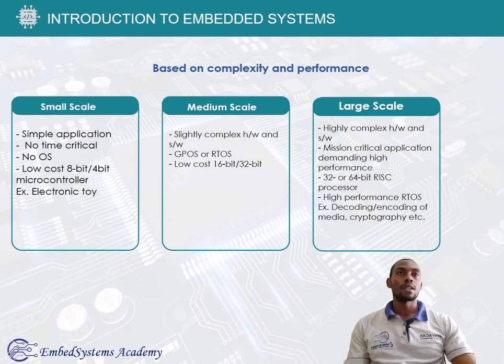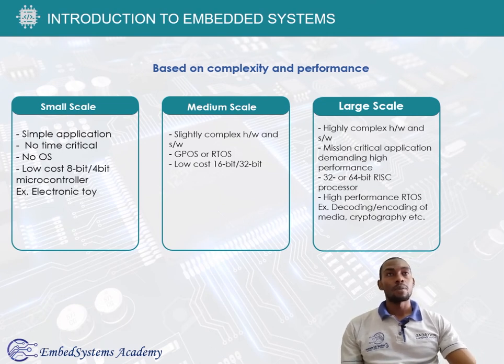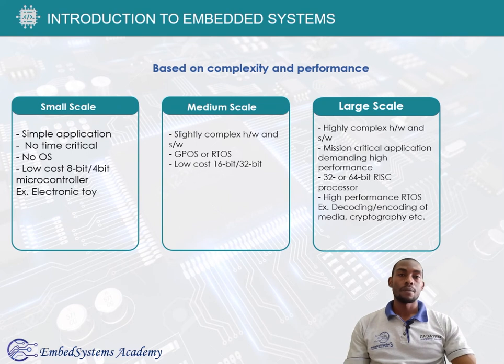And then medium scale are those that are slightly complex in hardware and software. They use general purpose operating systems or real-time operating systems. These employ low-cost 16-bit or 32-bit microcontrollers or processors. The large-scale embedded systems are highly complex in both hardware and software. They're mostly applicable in very mission-critical tasks that demand high performance.